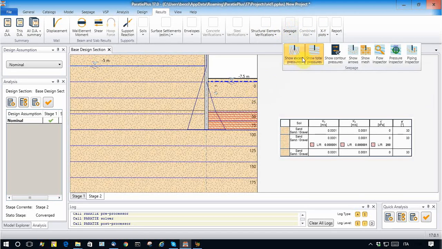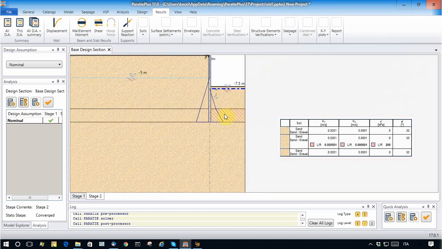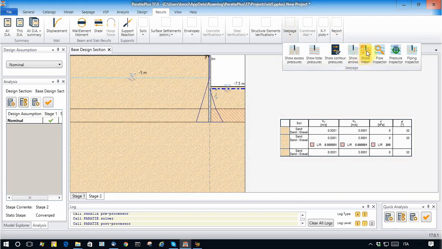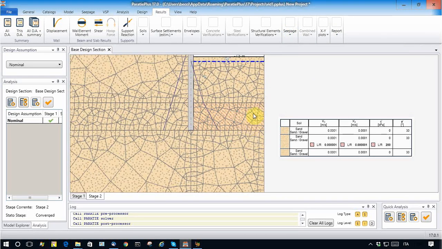Now, of course, to consider this separate part, Paratie Plus has generated a special mesh considering this discontinuity in soil properties. So the mesh is different.